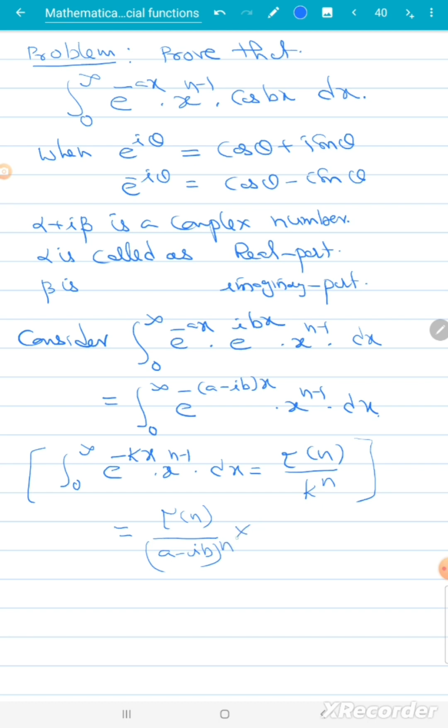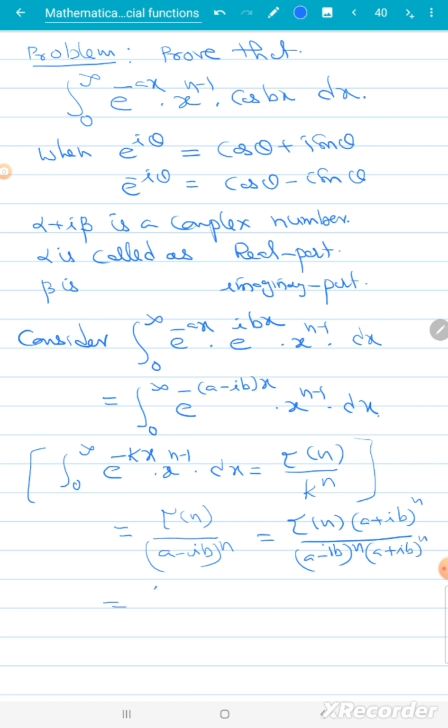So now this value is equal to gamma of n into (a plus ib) to the power of n by (a minus ib) to the power of n into (a plus ib) to the power of n.